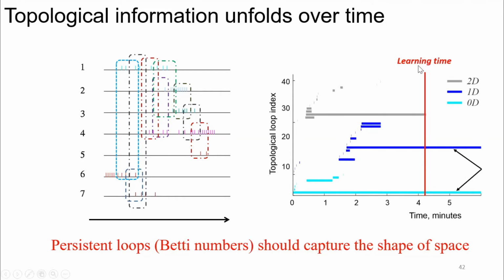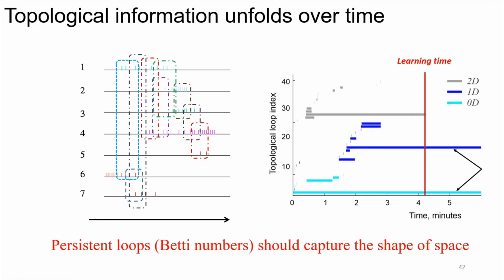So I can, for example, ask questions like how much time it took to produce stable topological information. And if I'm thinking of what neurons are doing, they are producing this topological representation of space, I can interpret the time that is necessary to produce stable topological information as learning time. It's kind of to facilitate interpretation of what is happening.